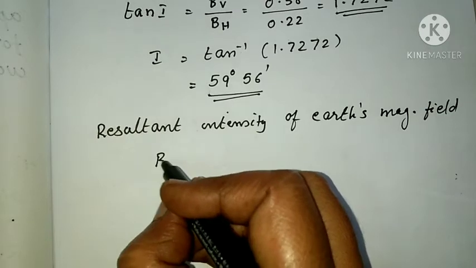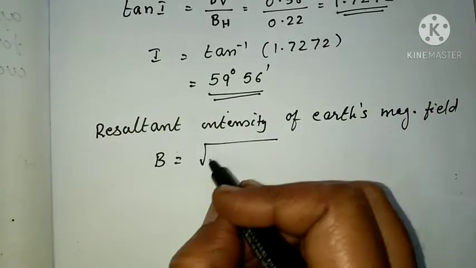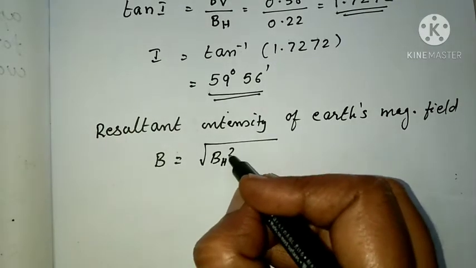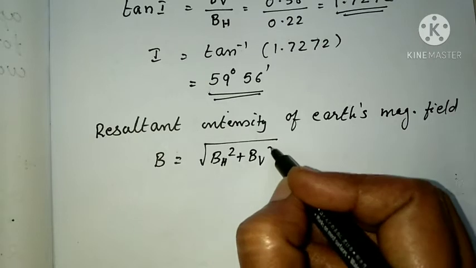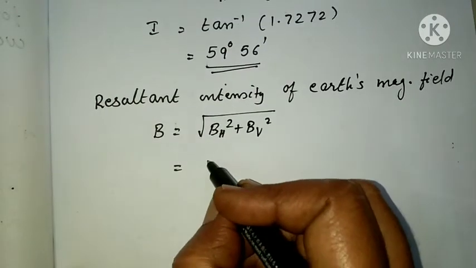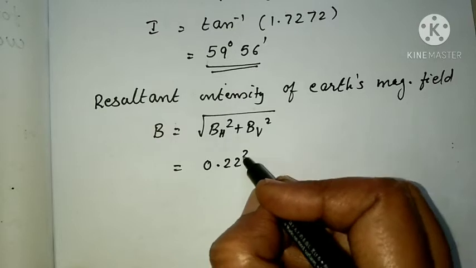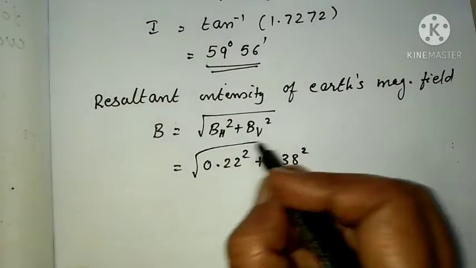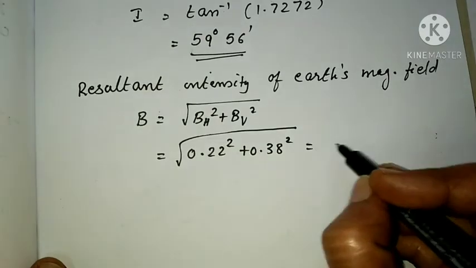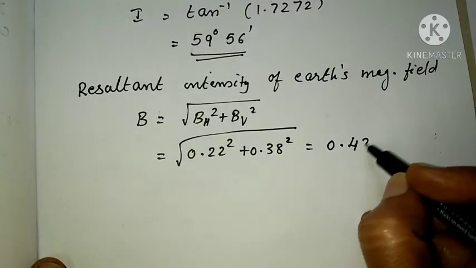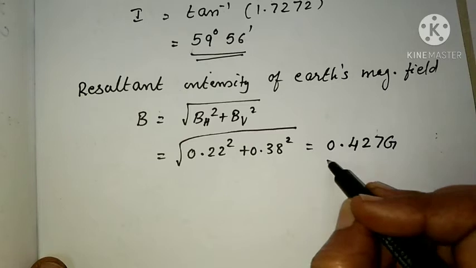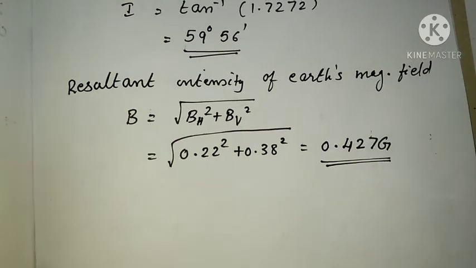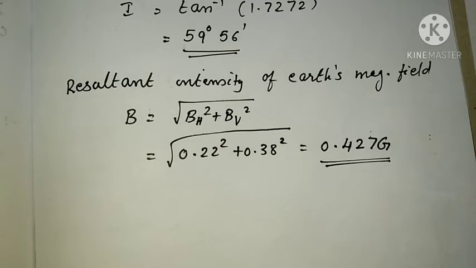That is B equal to root of BH square plus BV square. Then we can substitute all the values, 0.22 square plus 0.38 square, that is root of. So you will get the answer 0.427 Gauss. Understand? So we want to study the relation between tan I, BV, BH, etc.